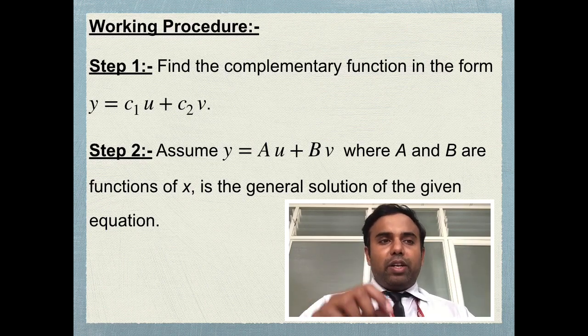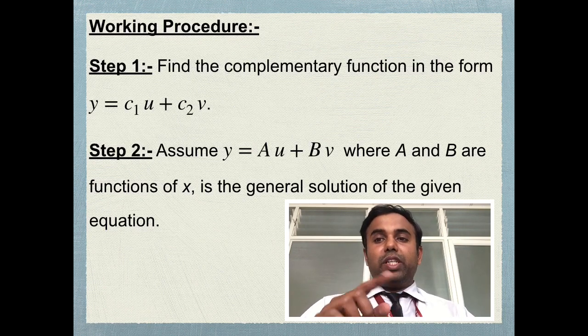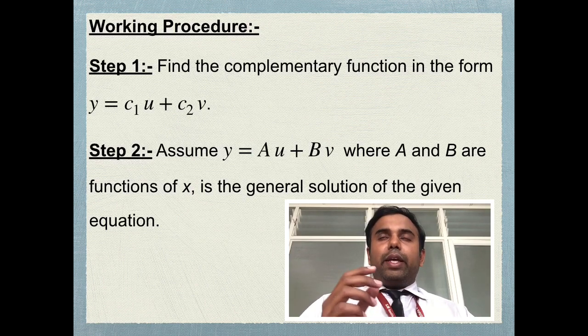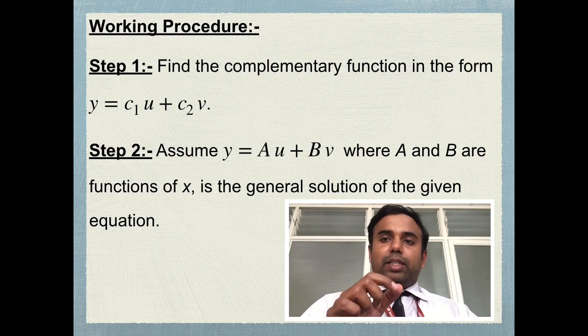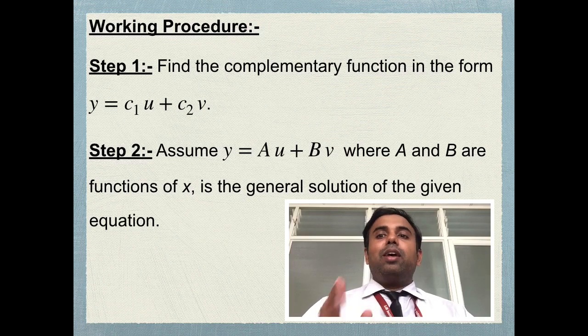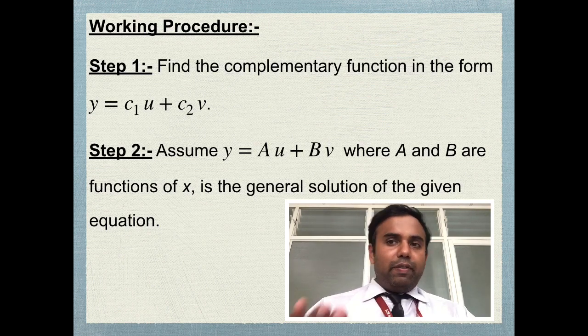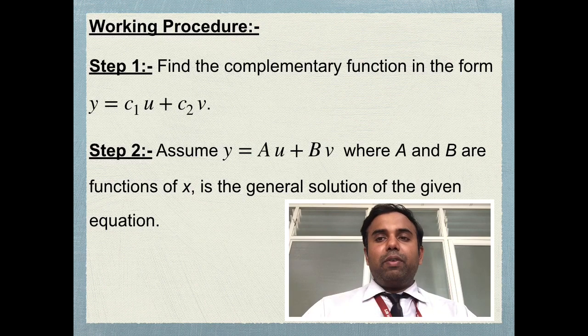But we will write it in the form y is equal to c1u plus c2v. As you know, c1 and c2 represent constants here, and u and v are functions of x, the independent variable. In step 2, we will assume the solution of the given differential equation to be of the form y is equal to au plus bv.